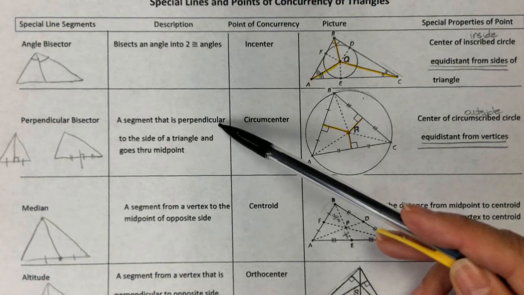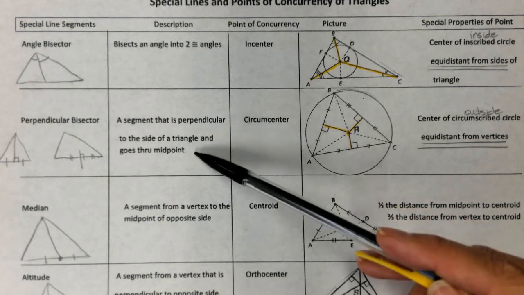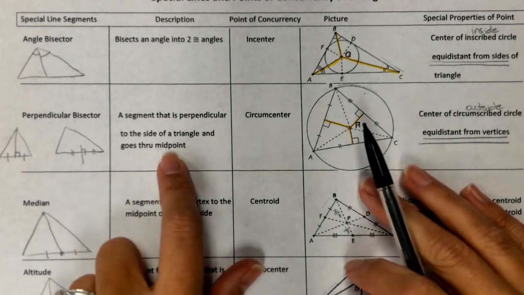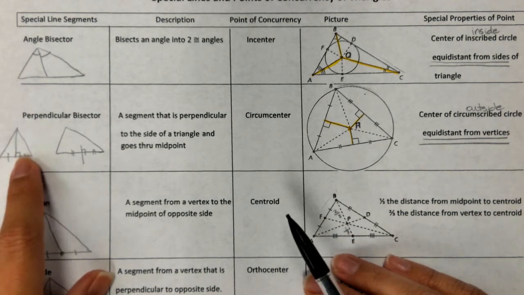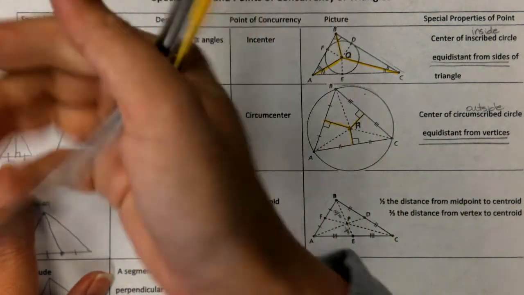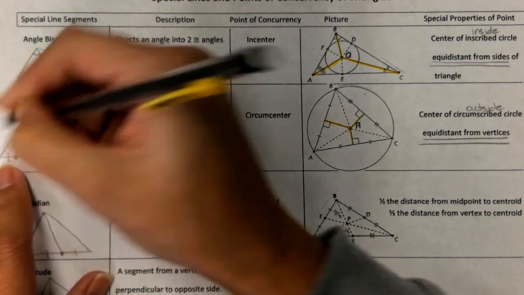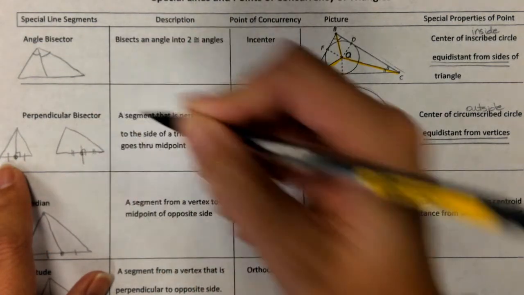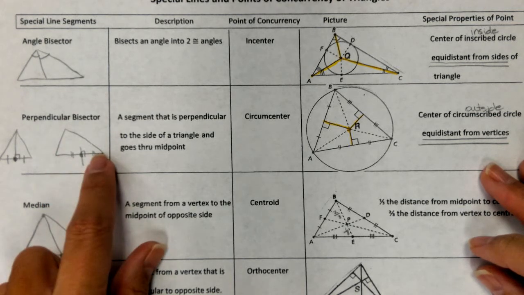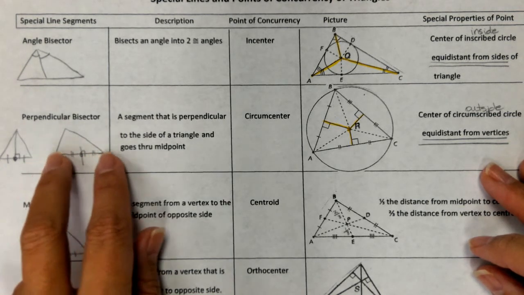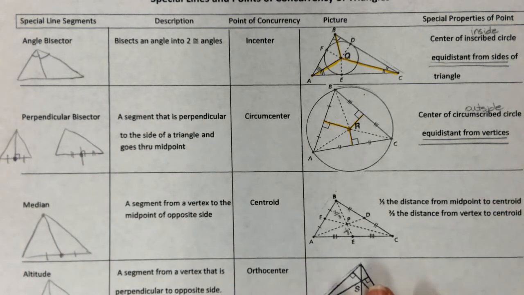So a segment that is perpendicular to the side of a triangle and goes through the midpoint, because again, remember, if it's a bisector, both of these are congruent, which would make this your midpoint. Same here. It might not be from the vertex, but if it's perpendicular to the side, just remember it's going to go through the midpoint.